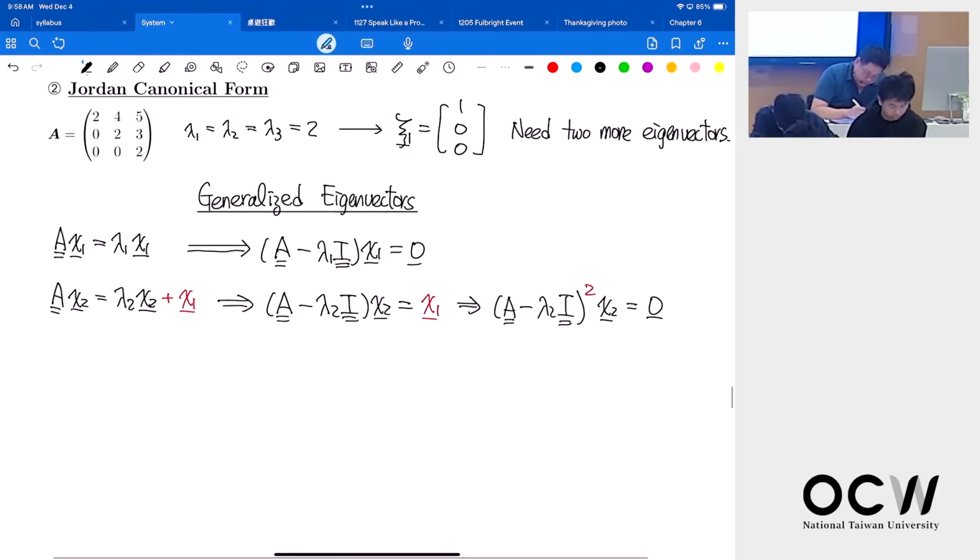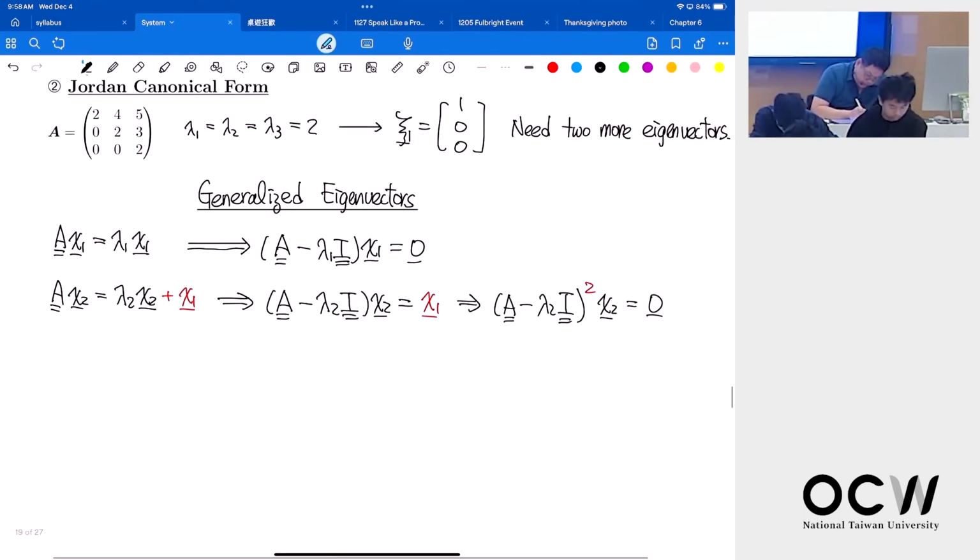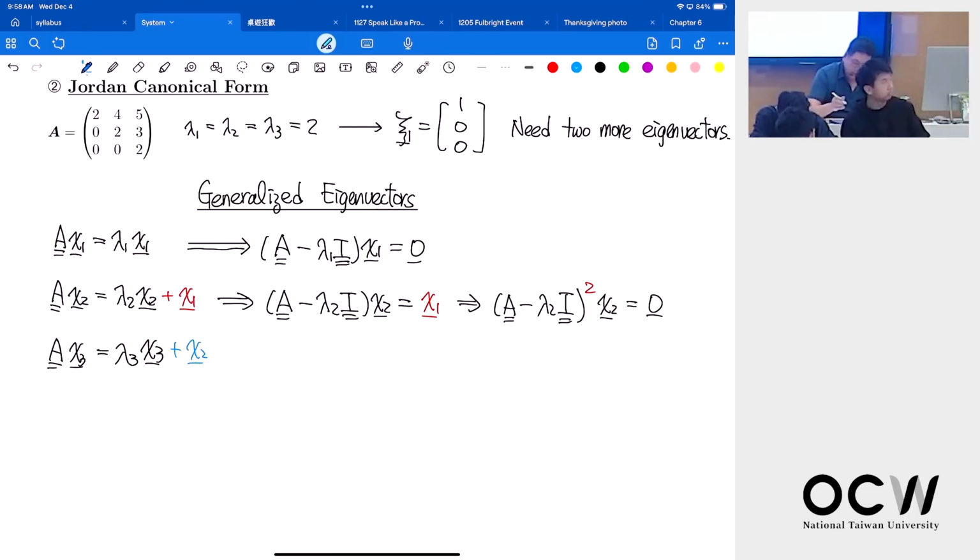Now for the third one, A x3 equals lambda 3 x3, now I add x2, not just x1. In this case, A minus lambda 3 I times x3 equals x2.